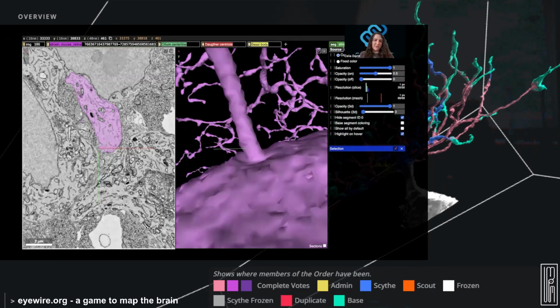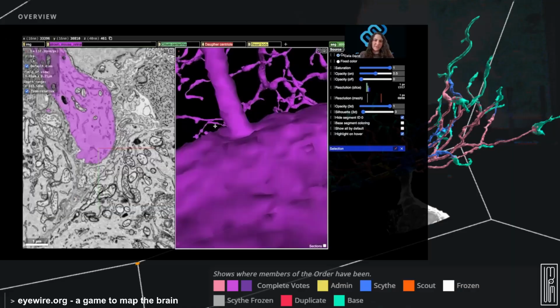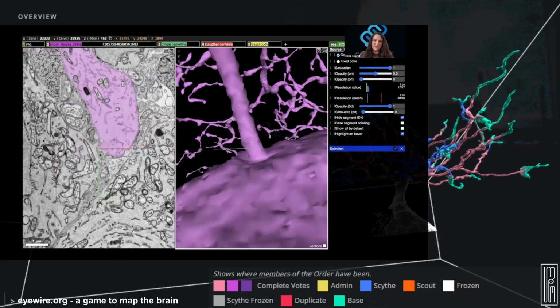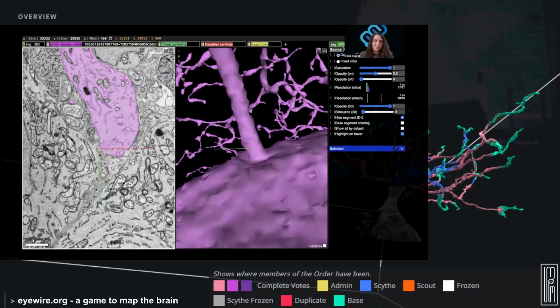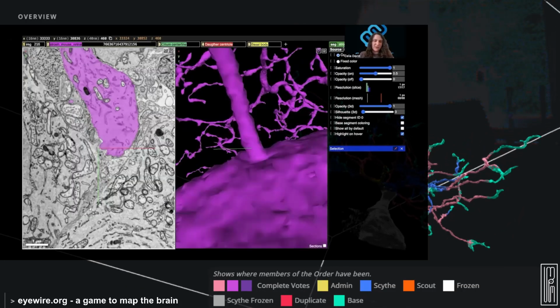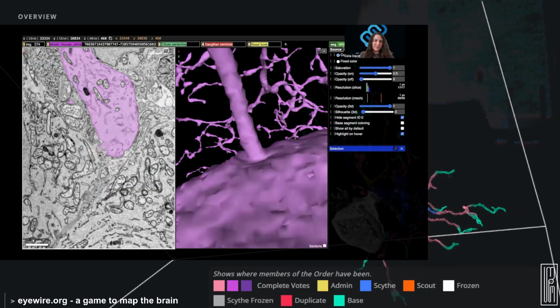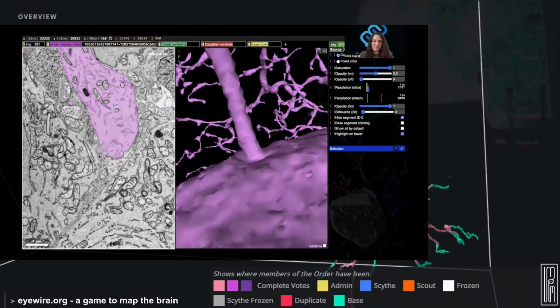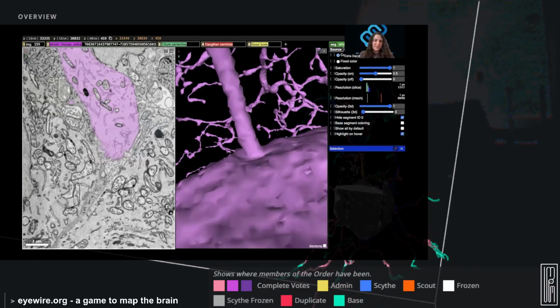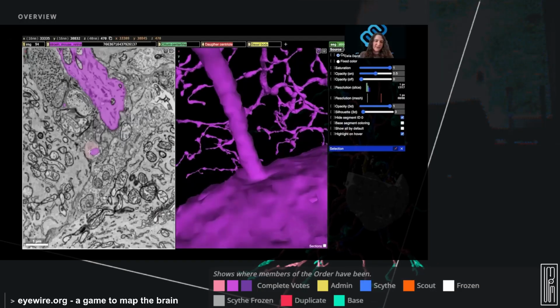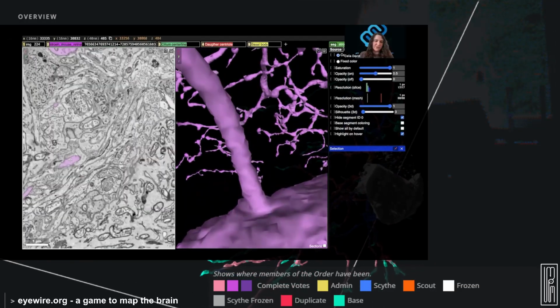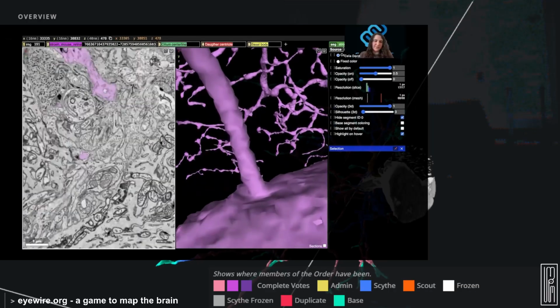Okay, and so now I'm going to inspect it in the EM. So you can see it coming out here. Let's see. So it's exiting, and you can see this is the structure that we're following here.